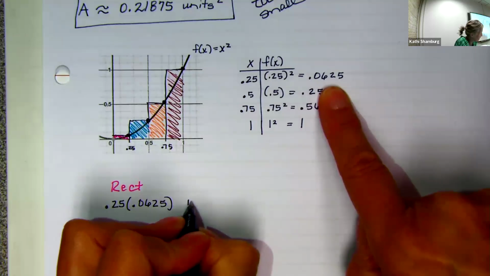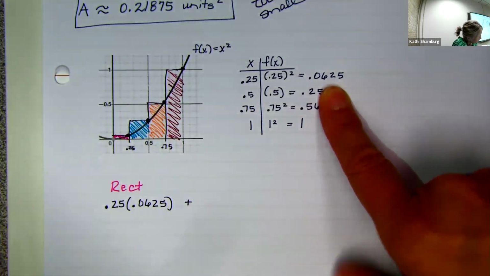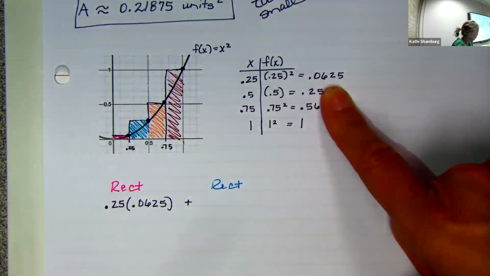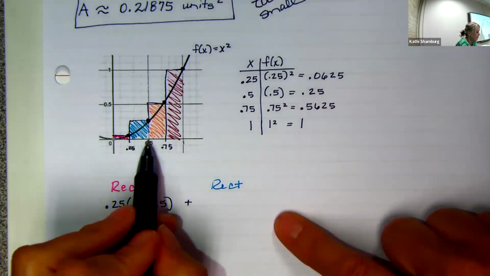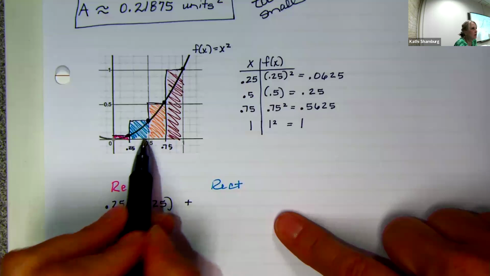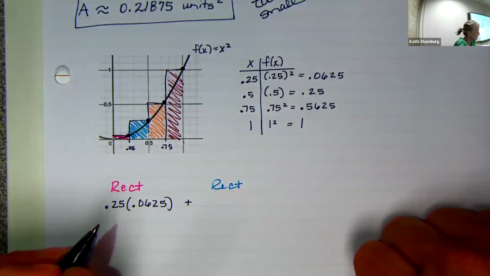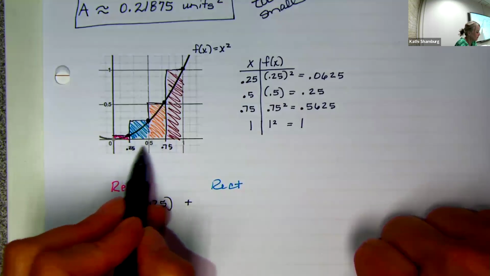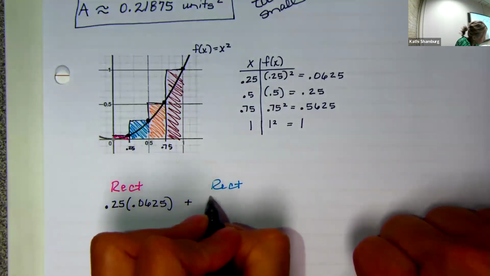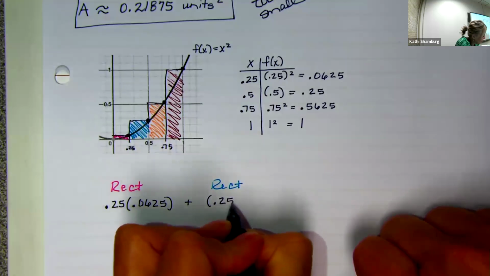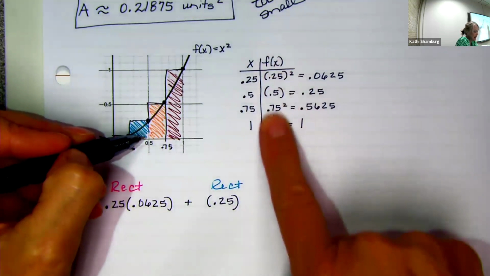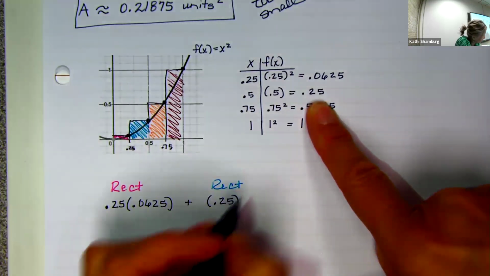So that's my pink rectangle. So now we're going to go to the blue. Now this is where you need to be careful. The width of this rectangle is not 0.5, right? That's just the ordered pair. The width is from 0.25 to 0.5. Its width is also 0.25. And its height, again, is this output. And that's 0.25.